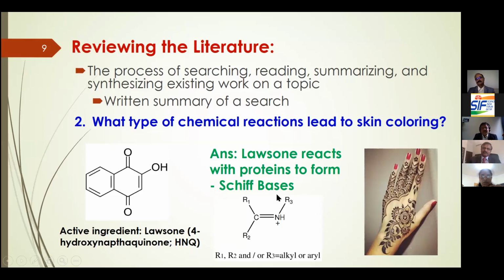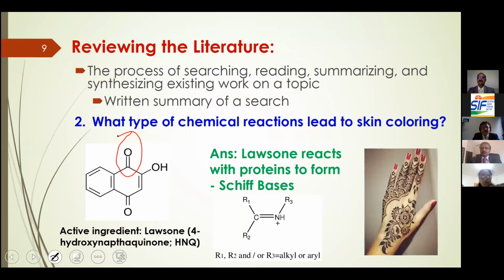compound called Schiff base. The Schiff base, if you see in this molecule, if you give me a second, let me get my pen. You see this group right there is called a carbonyl group, and sometimes it is referred to as a keto group as well.